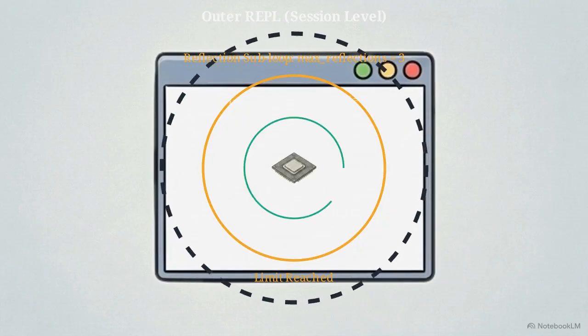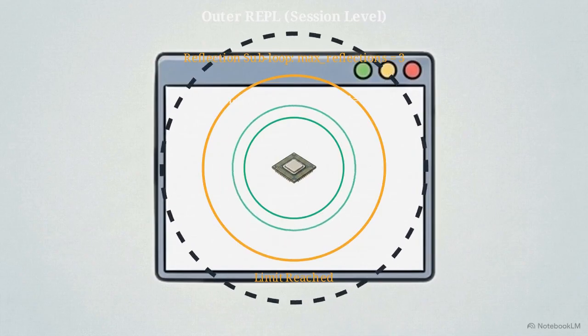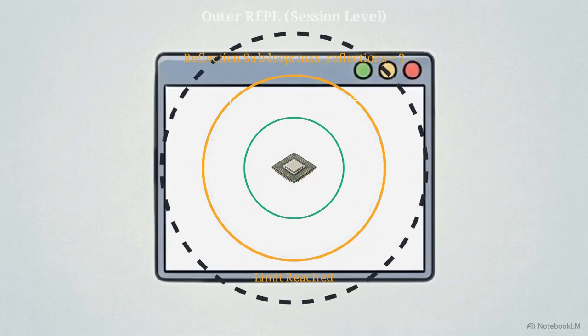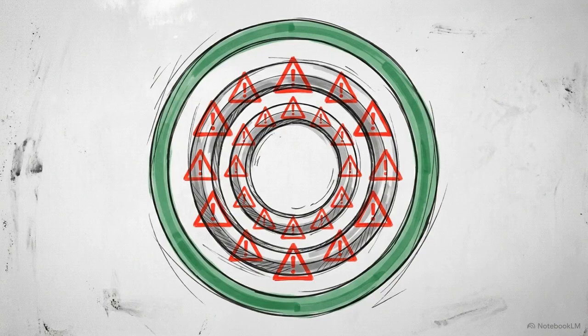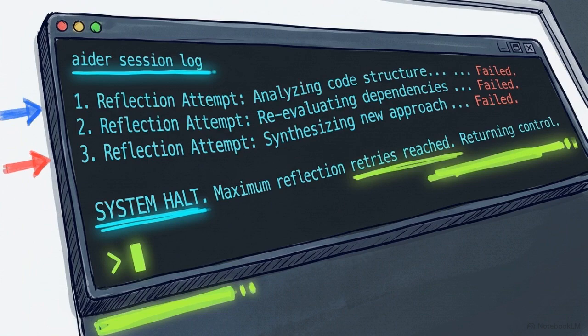Inside that is the LLM-retry loop, surviving transient API timeouts with an exponential backoff capped at 60 seconds. If that innermost API loop fails, or if the middle reflection loop hits its 3-attempt cap, the system stops and hands control back to the human operator in the outer REPL. Enforcing these hard-coded loop limits prevents the system from entering the infinite failure cycles that can occur in more open-ended autonomous frameworks.